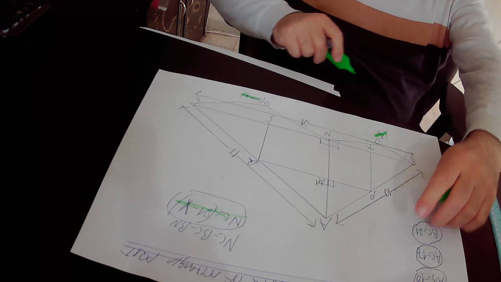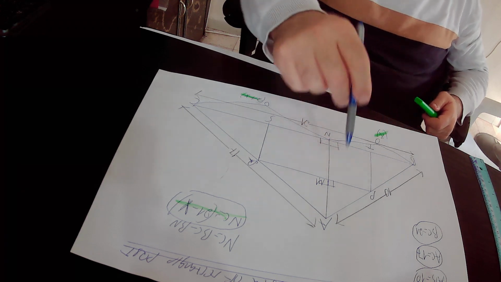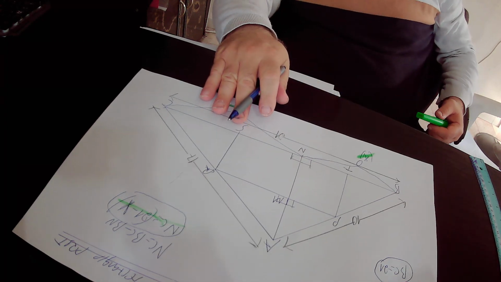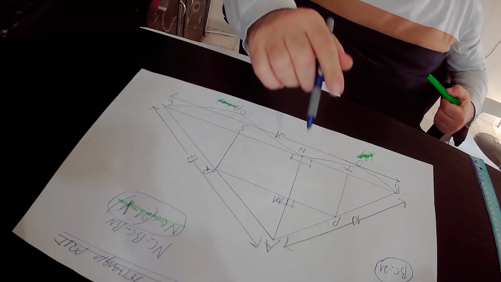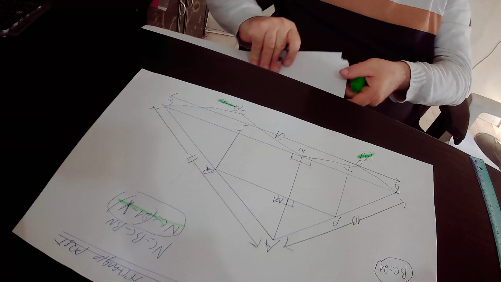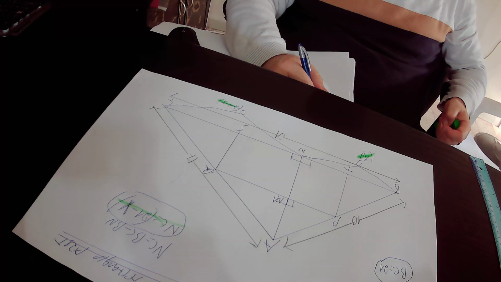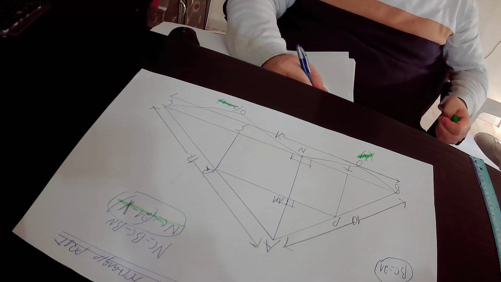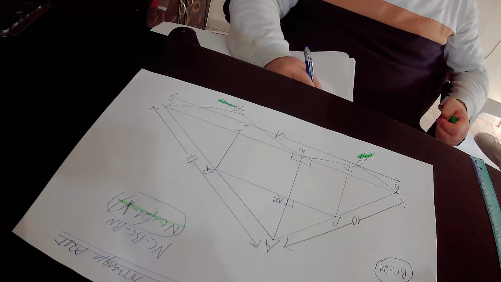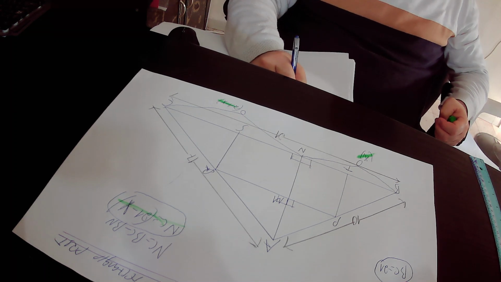In the next step, I'll copy this right triangle ABN in a new page, and we will implement the Pythagoras theorem on this right triangle ABN. According to the Pythagoras theorem, in any right triangle, the square of the hypotenuse equals the sum of the squares of the perpendicular sides.